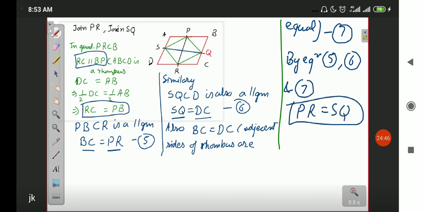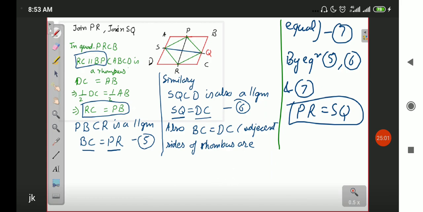In this manner, we have proved that these diagonals are equal. Therefore, for a parallelogram, since its diagonals are equal, it is a what? It is a rectangle.